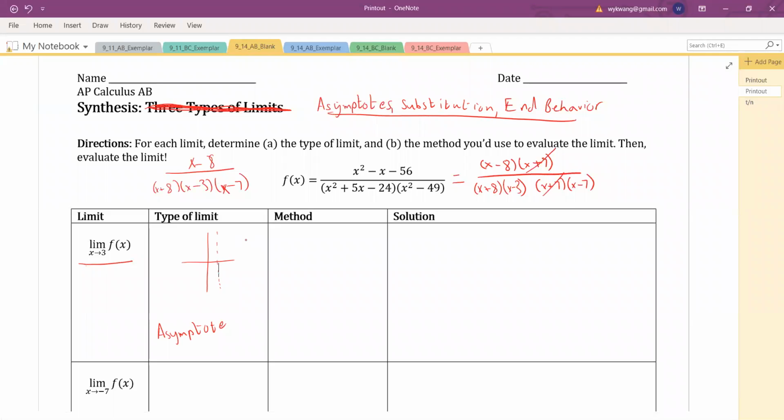So Kalia, could you actually come off mute again? And what would your method be to solve for a limit near an asymptote? Like how would you try to figure out where it's going? To be honest, I'm not sure. Okay, that's totally fine.